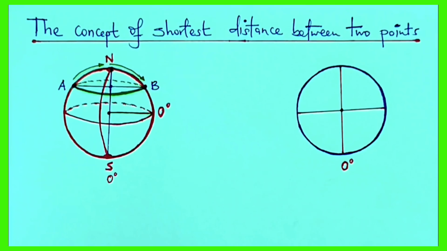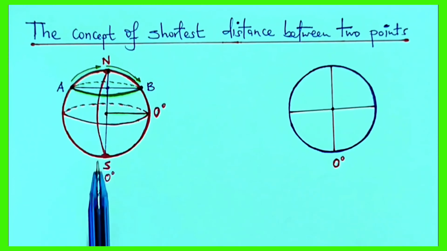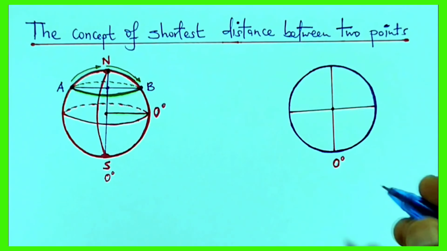Let us now consider the concept of the shortest distance between 2 points. So here we can say that when you have 2 points that are on the same latitude, for instance point A and point B, but on longitudes that are directly opposite or antipodal. By antipodal, it will mean that the difference in degrees between those 2 points will be equal to 180 degrees.